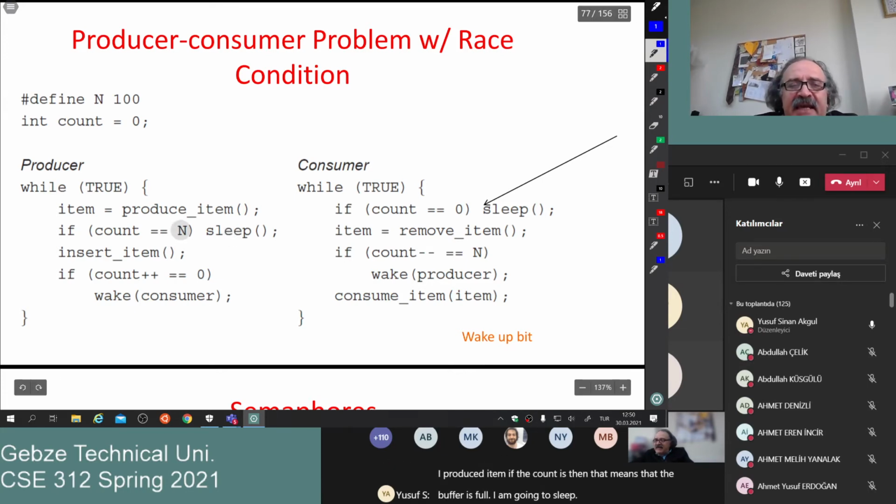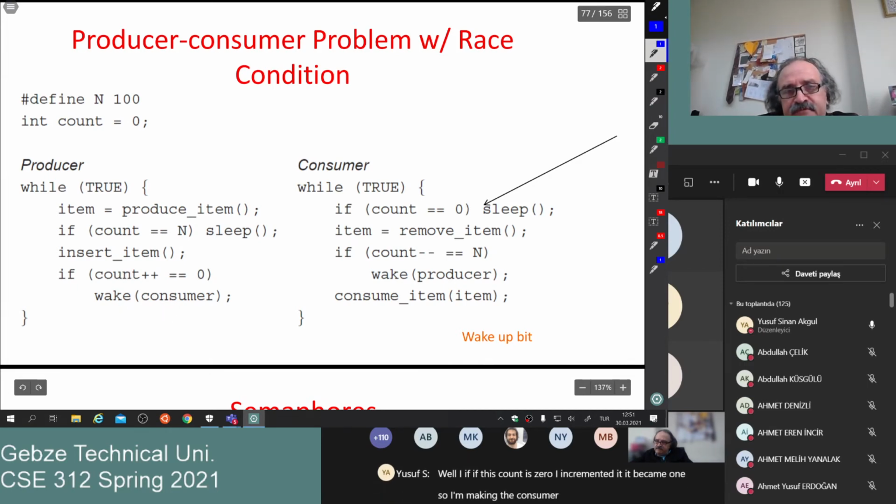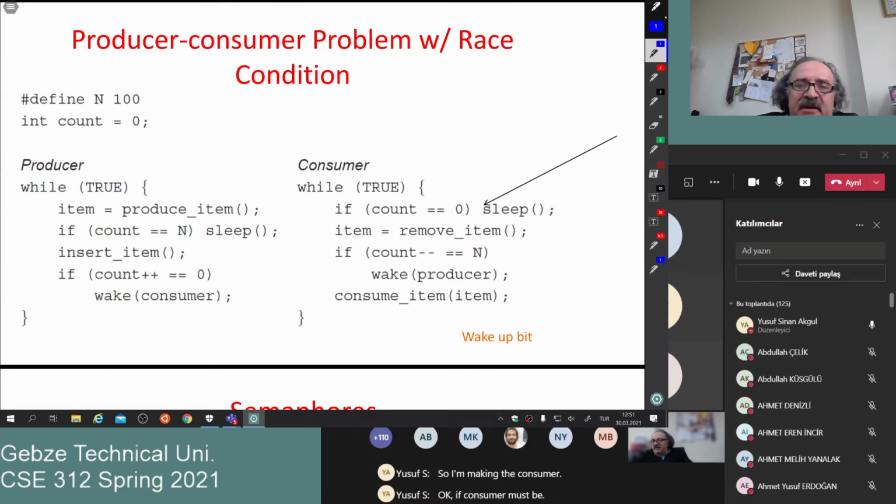If count is not n, I insert the item into the buffer, and I increment the count by 1 because I just inserted it. If the original count was 0, that means that my consumer is sleeping on the buffer. I incremented it, it became 1, so I am waking the consumer. The consumer must be sleeping on it.